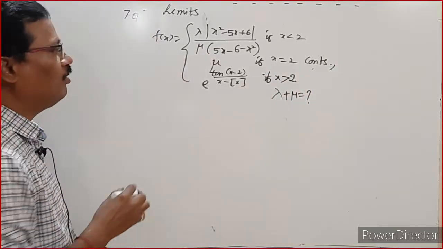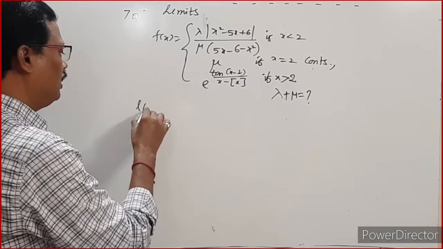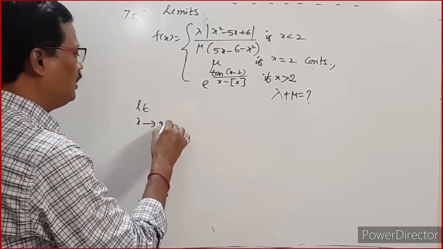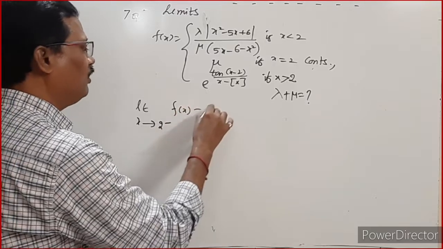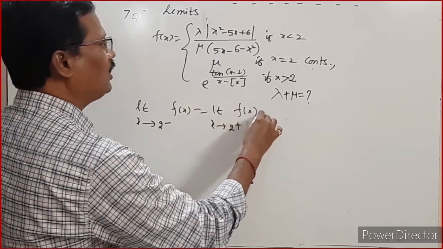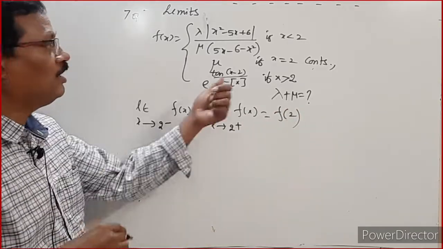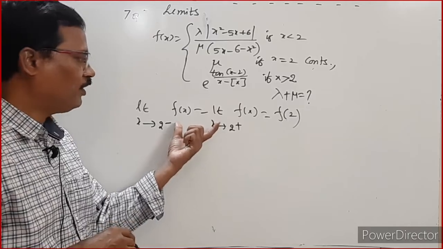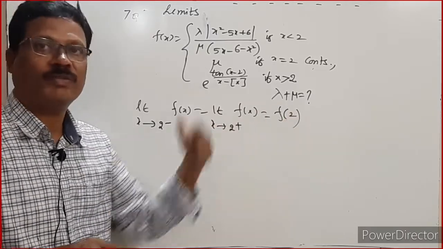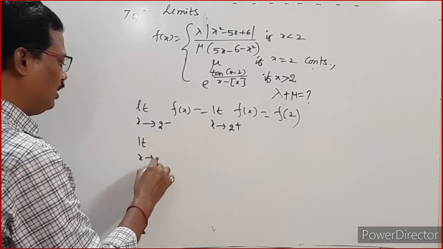Right. Now, since it is continuous at x is equal to 2, we can write limit x tending to 2 minus f x is equal to limit x tending to 2 plus f x is equal to f of 2. Right? Since they given the continuous, therefore left limit is equal to right limit is equal to f of 2. Now x is just less than 2, what we take?